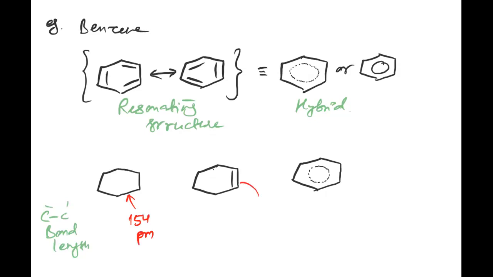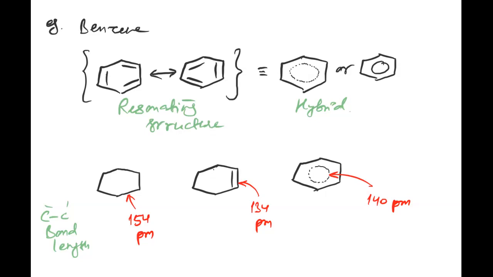Here, in cyclohexene, this carbon-carbon bond is 134 picometer. And in benzene, the bond lies between the carbon-carbon double bond and single bond, and comes out to be 140 picometer. So the carbon-carbon bond of benzene lies between a single bond and a double bond, very similar to a 1.5 bond.